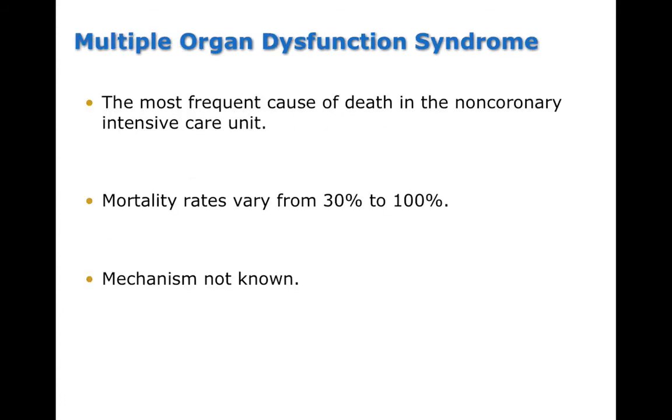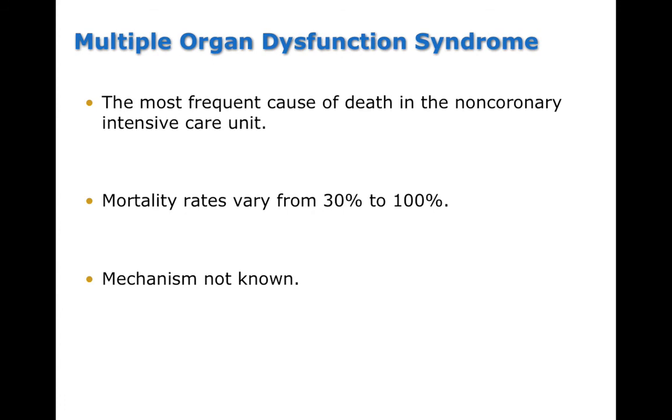Now, with multiple organ dysfunction syndrome, the most frequent cause of death is this non-coronary intensive care unit. Now, this is a consequence of shock, but essentially what happens is that you find that multiple organ systems shut down simultaneously.